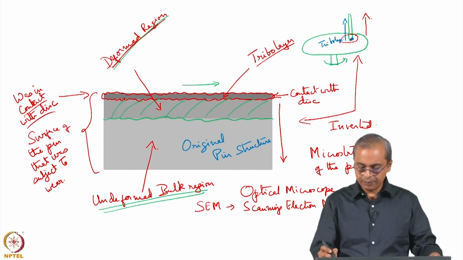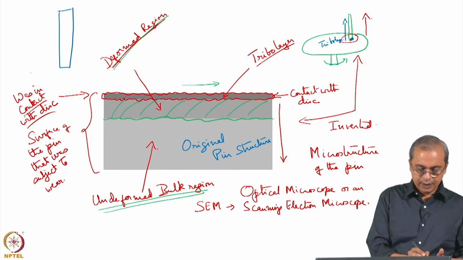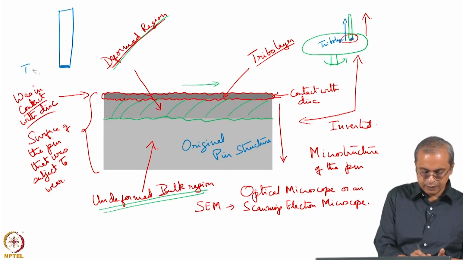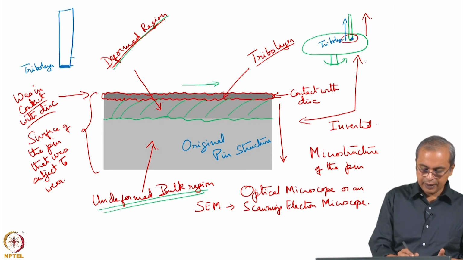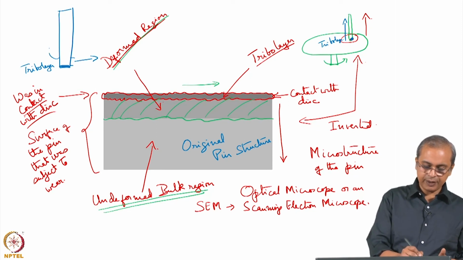so let me make it a little bigger so it is easier to see. So if this is your pin, this is where you will have your tribo layer, then you will have a region which is the deformed region, the same as the deformed region there, and then above this from here to here undeformed.